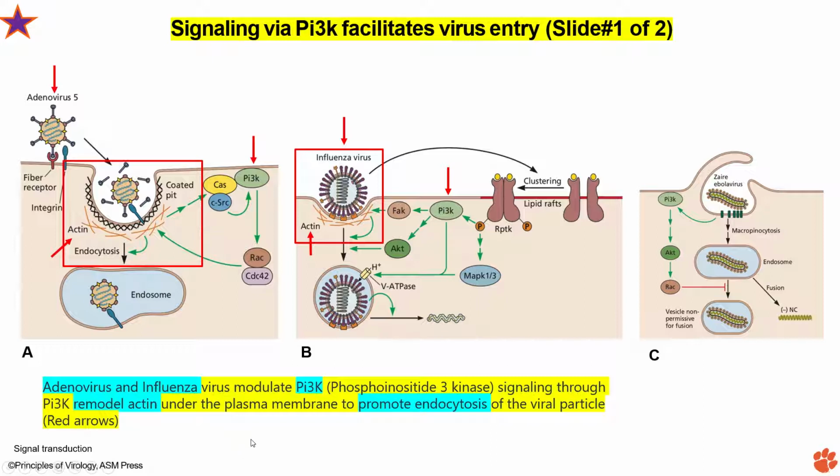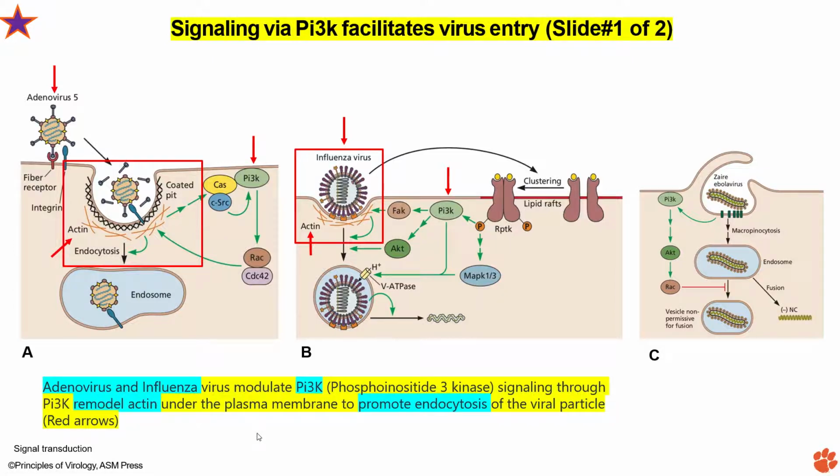For example, we can ask which of the following events or signaling and downstream effects happen upon receptor binding. Say, for example, adenovirus or influenza virus modulate the PI3K signaling to gain entry into the cell, and which of the following mechanisms is involved in the process. So you can see that the cascades through the PI3K remodel the actin under the plasma membrane and promote endocytosis. So that's basically shown exactly how it is, very specific.